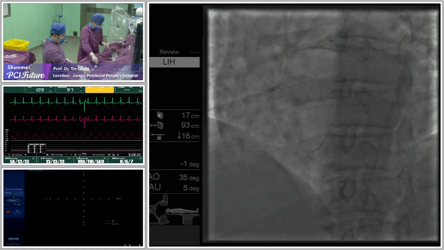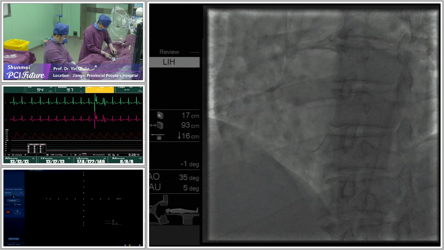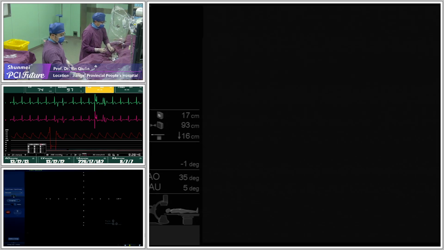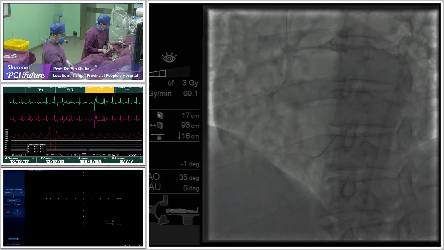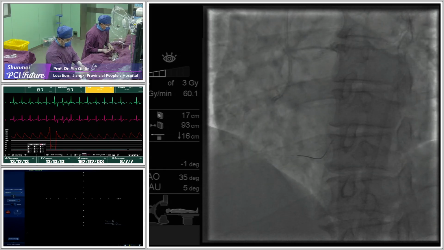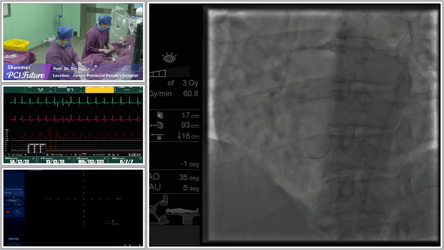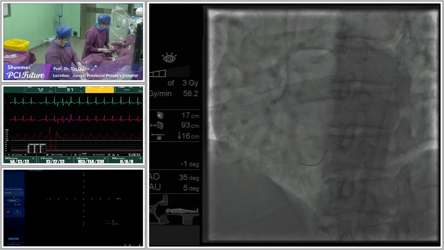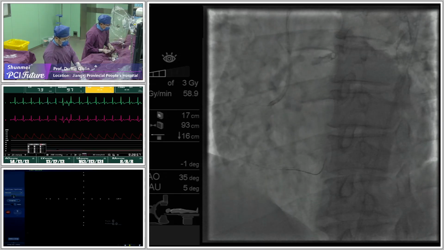I saw that Dr. Oren just rotates and controls the guiding catheter, the AL1. The AL1 catheter can give a good support, but there is some difficulty for it to be coaxial.